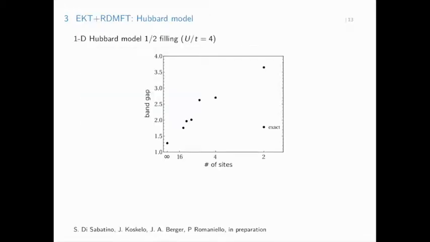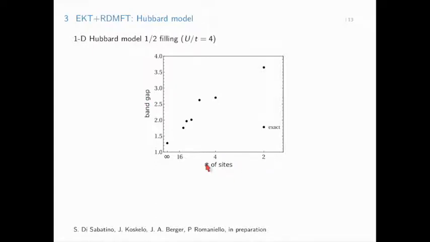First, I will consider the case of a simple model. We consider the one-dimensional Hubbard model at half filling. Here I'm considering the case where the ratio between the on-site interaction and the kinetic term is equal to 4, which should correspond to a moderately strong correlation regime. Here I'm reporting the exact band gap as a function of the number of sites in the Hubbard model.